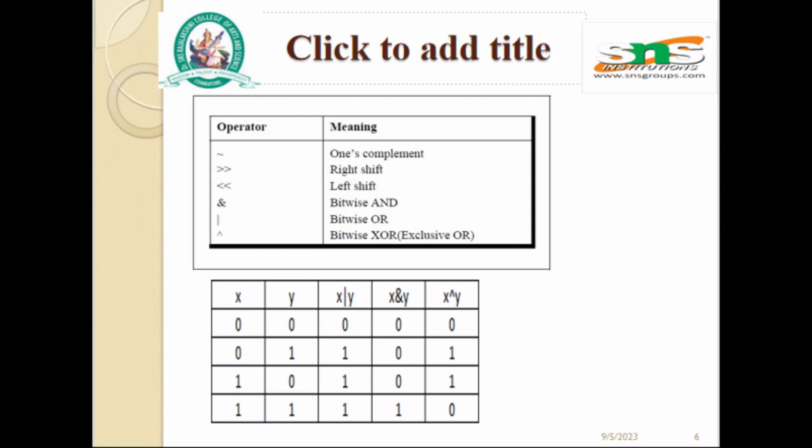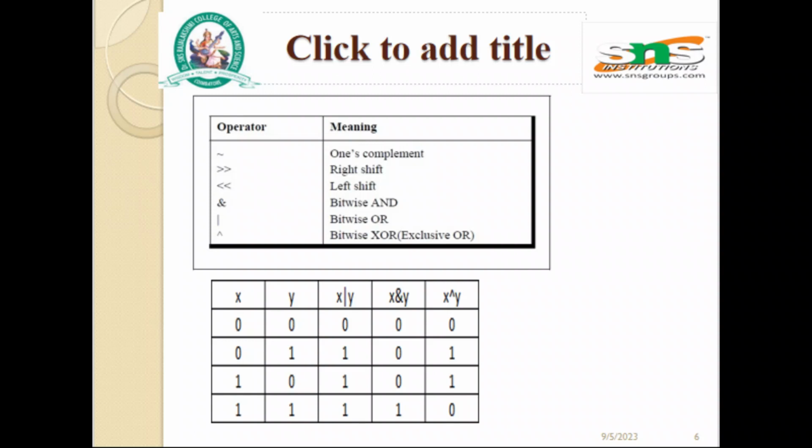Here the other operators are one's complement, right shift and left shift operators. The bitwise AND operator is represented by a single ampersand, unlike the logical operator, and then there are bitwise OR and bitwise XOR.